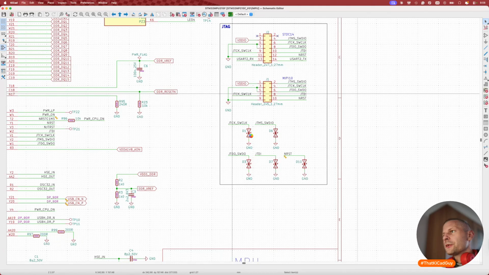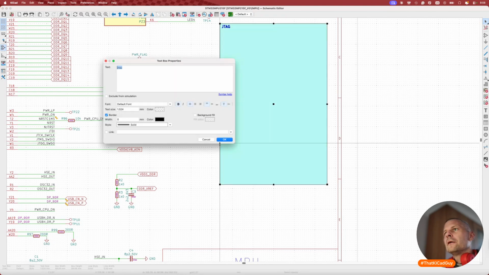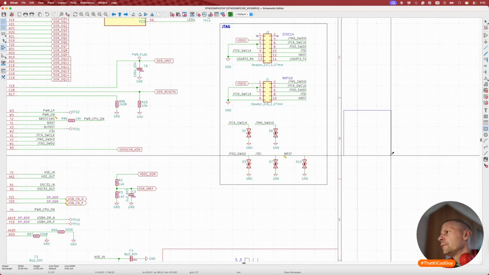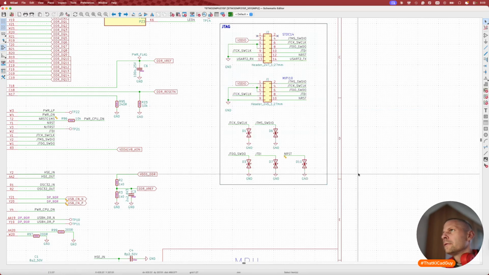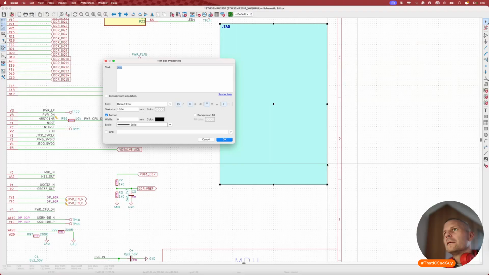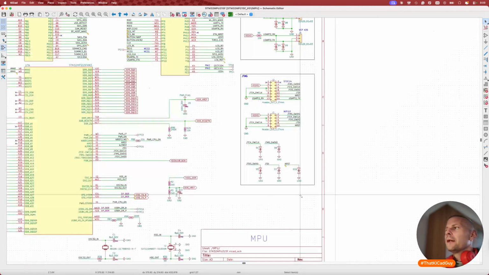These are 3.3 ones. Okay. Text field. Table. Okay, that's fancy. Yes, BOM tool.